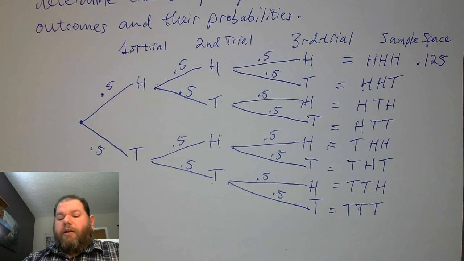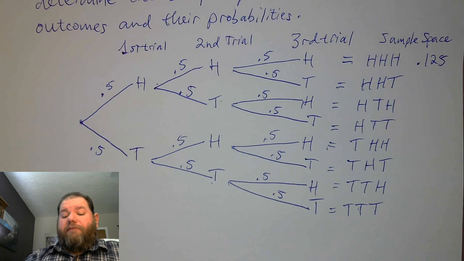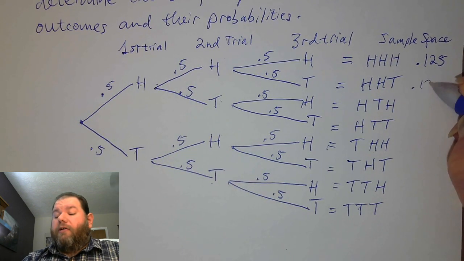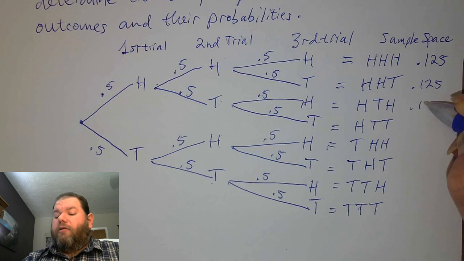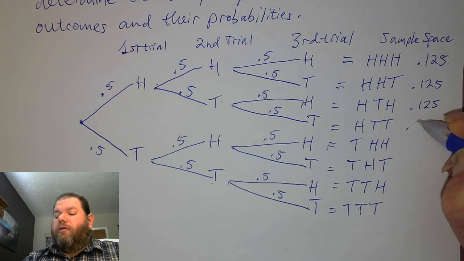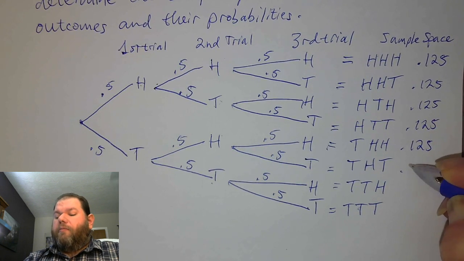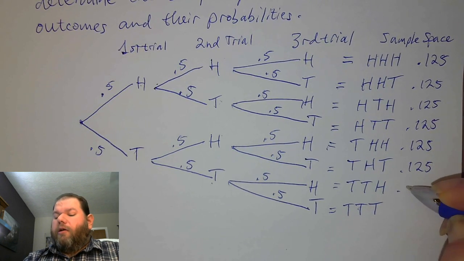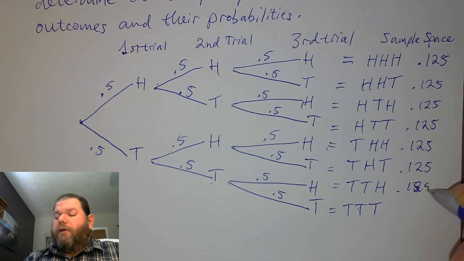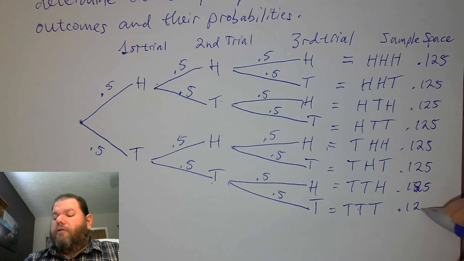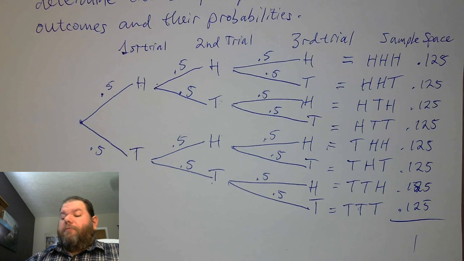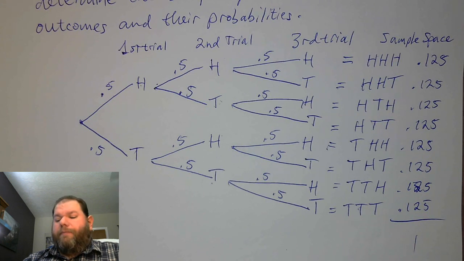Because every branch is 0.5, it's the same for each one of these. And if we add those together, it does add up to 1, because 0.125 times 8 is exactly equal to 1.